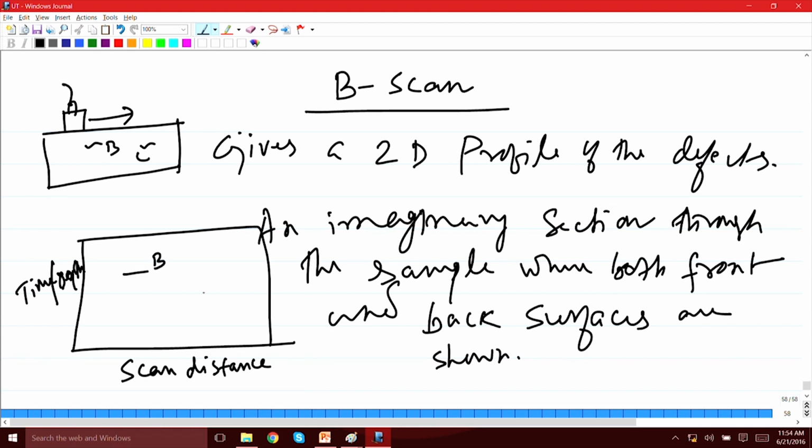Okay. Because as I said, this is an imaginary section through the sample where you can see the depth, where you can see both the front face and the back face. Okay. So, these will come as fluorescent points on a phosphor screen.